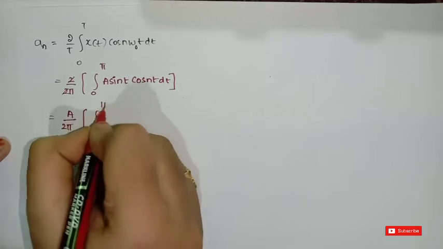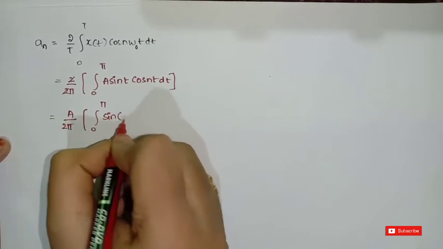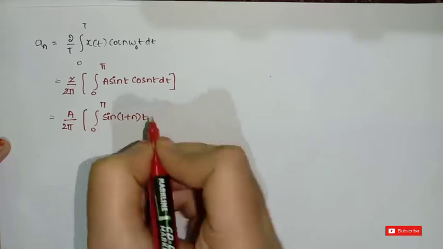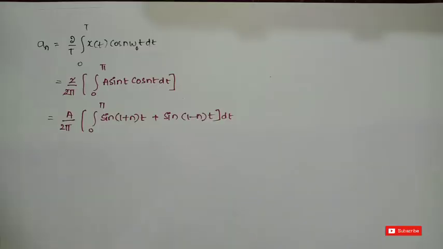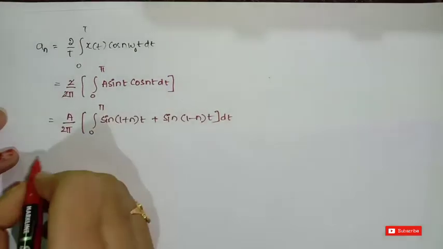Integral 0 to pi sin(1 plus n)t plus sin(1 minus n)t, which is nothing but 1 by 2 sin(a plus b) plus sin(a minus b). Now let us do integration.